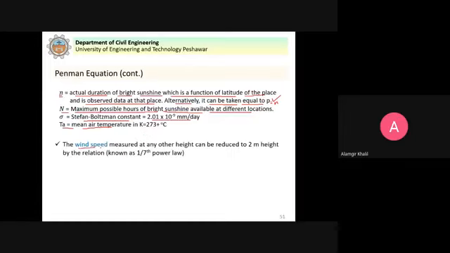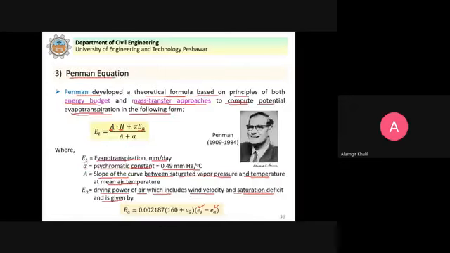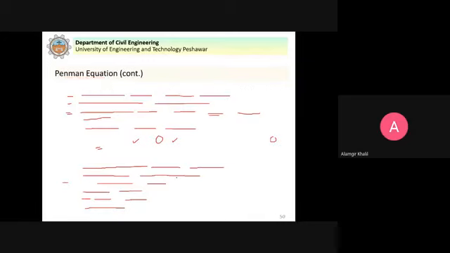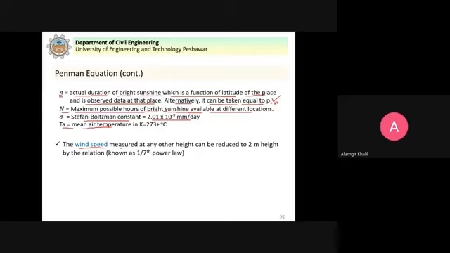Now the wind speed that we have to include here is U2, the wind speed in kilometer per day measured 2 meter above the ground. If the wind speed is measured at any other height, it can be reduced to 2 meter height by this relationship.